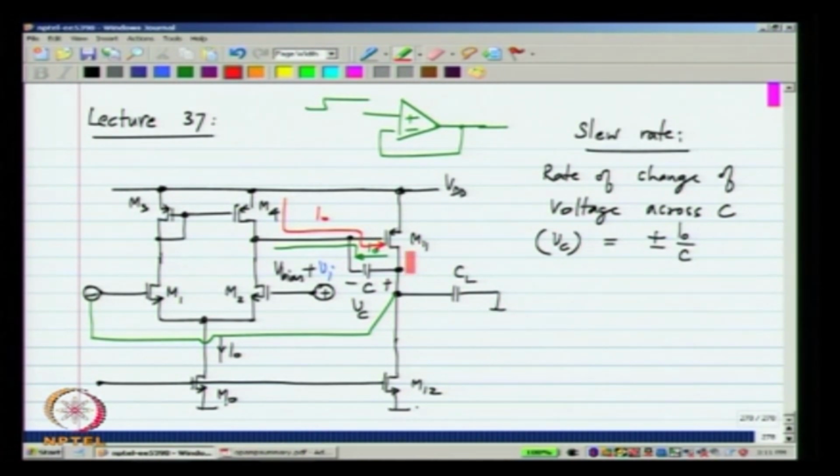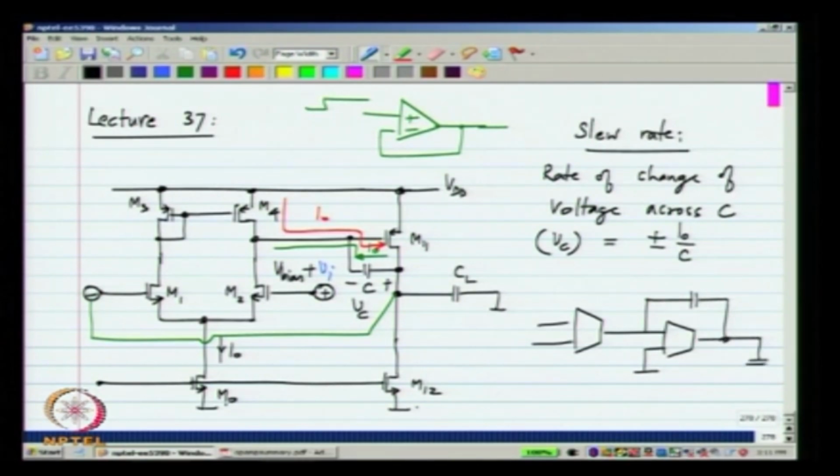If you recall the representation of the two stage op amp at the level of transconductors, this is what we have: GM2, GM1, C and CL. Now, the second stage is supposed to be a current controlled voltage source, and it becomes a current controlled voltage source because the voltage at the negative input of GM2 is very small.